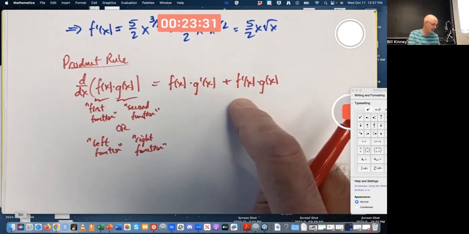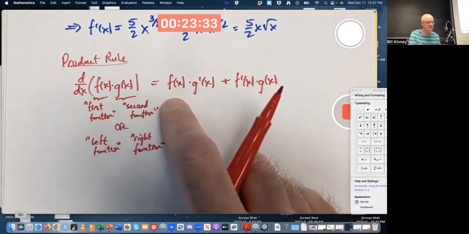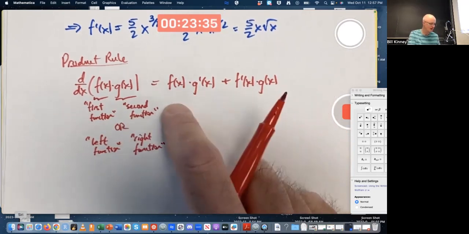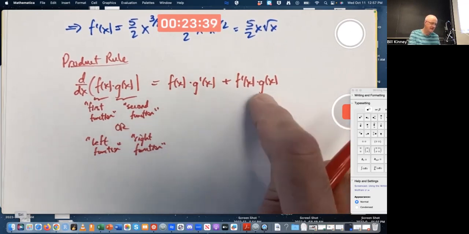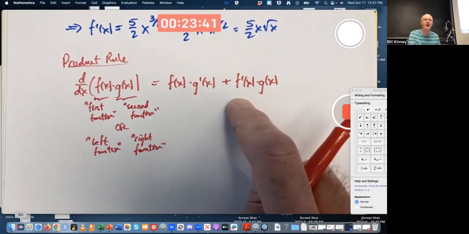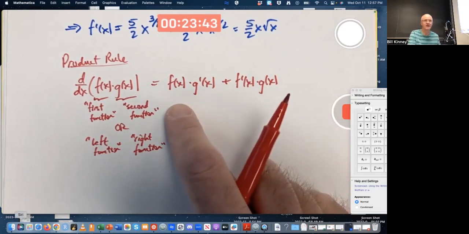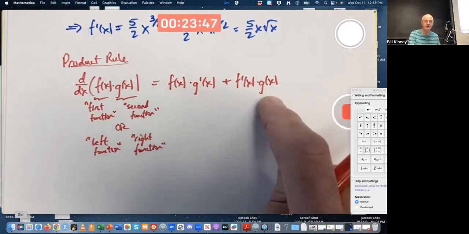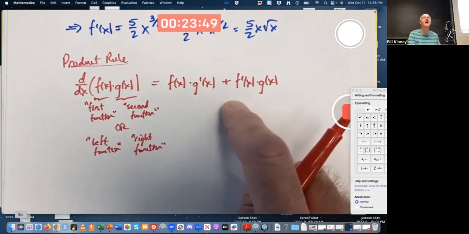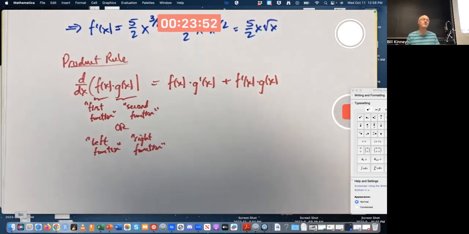That rolls off the tongue faster than first times first. I suppose I could say first D second plus second D first. I always said the first function times the derivative of the second function plus the second function times the derivative of the first function. Yeah, that's a mouthful.